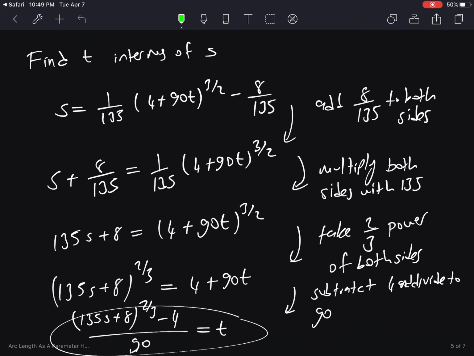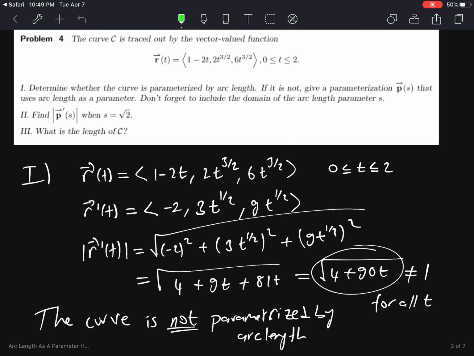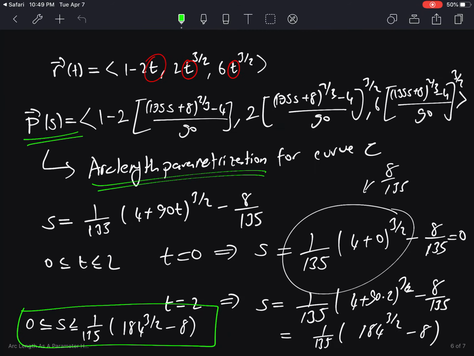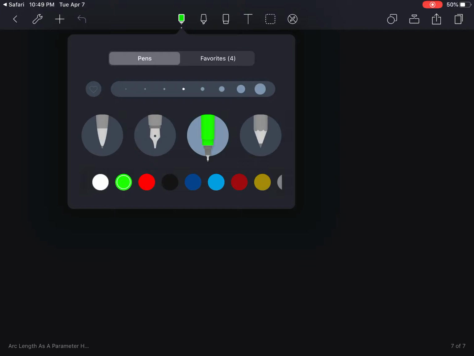And now we have the second part of the question. Let's remember what it was. It says, now you have this arc length parameterization, and you are asked to find the magnitude of the derivative of the arc length parameterization at s equal to root 2. But what did we say? We said that if something is parameterized by arc length, then its speed should always be 1.